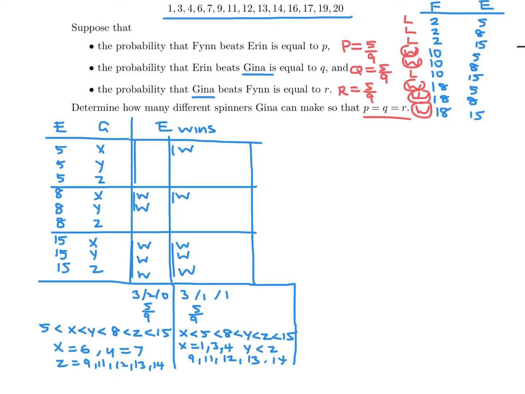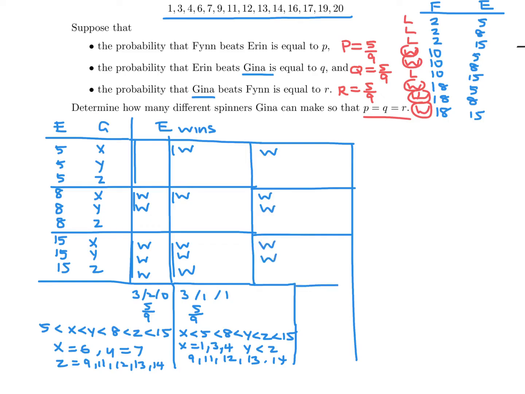And then finally, the last one: you can have a W here, 2 W's there, and then 2 W's here. That would indeed be a 5 over 9. And I'll call this one the 2, 2, 1 scenario. And that's a 5 over 9.